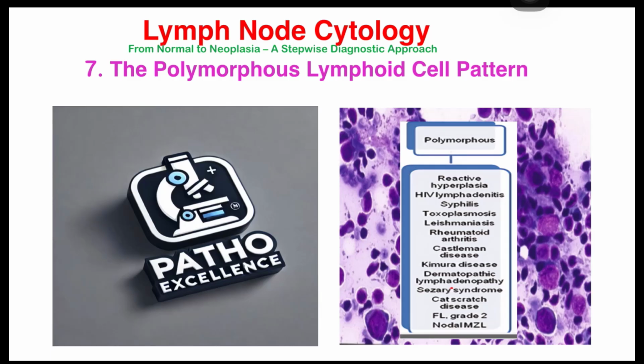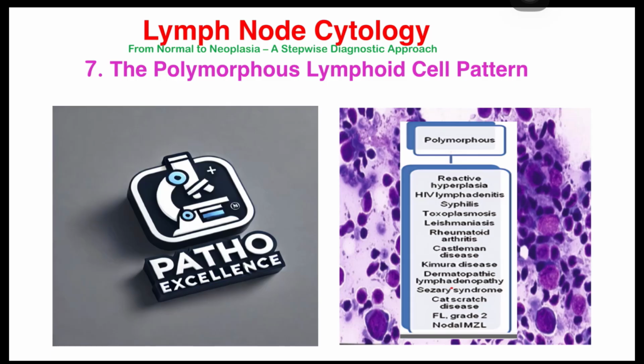So, today we will decode the polymorphous lymphoid cell pattern, a pattern that usually suggests a benign reactive process but can sometimes hide serious pathology like lymphoma. By the end of this session, you will be able to confidently differentiate reactive from neoplastic pattern using simple, high-yield cytologic clues.